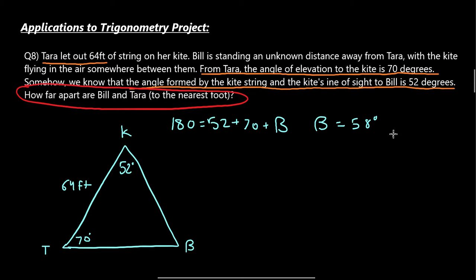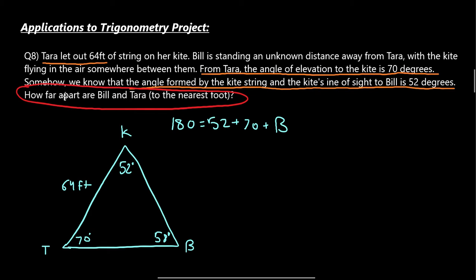Let's make sure with our calculator. 52 plus 70 is 122. Then 180 minus 122, that's 58 degrees.